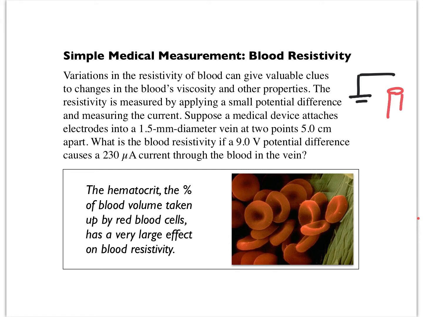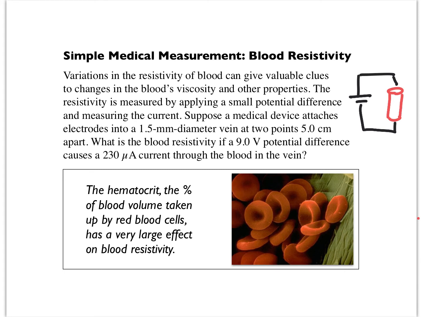I can pass a current through it, measure the potential difference, and therefore determine the resistance, and then I can determine the resistivity of the blood. And if the resistivity is outside a certain range, that's time to sound the alarm and see what is going on with this person.